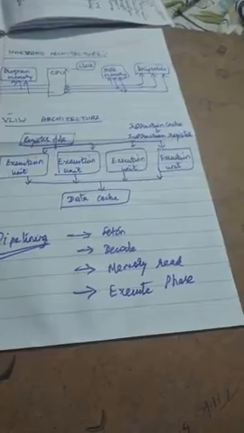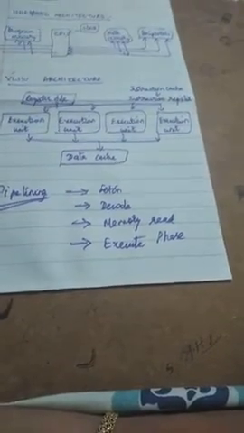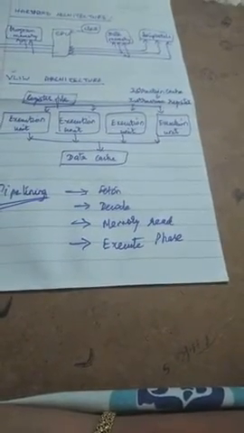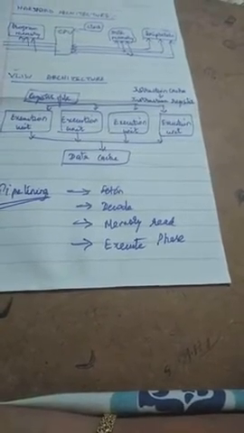In the first one, fetch, the next instruction will be fetched from the address stored in the program counter. The fetch is used to store the next instruction from the address.